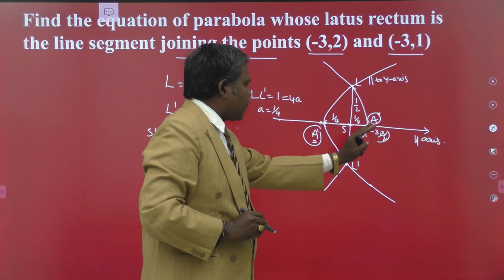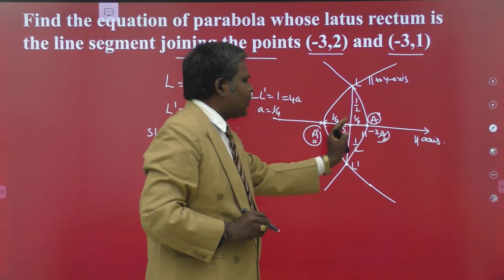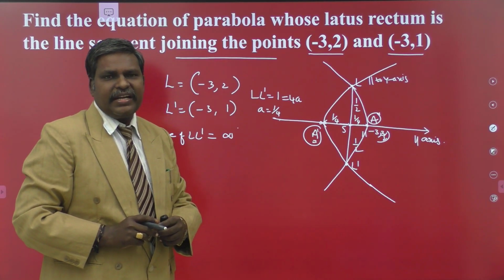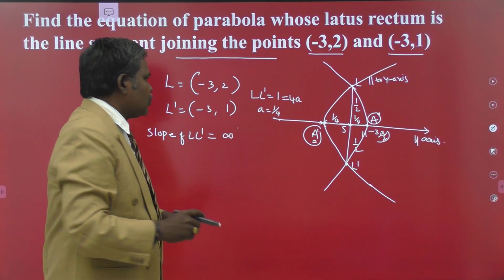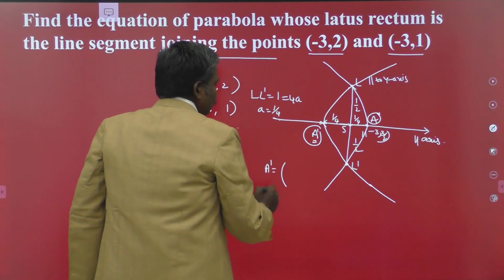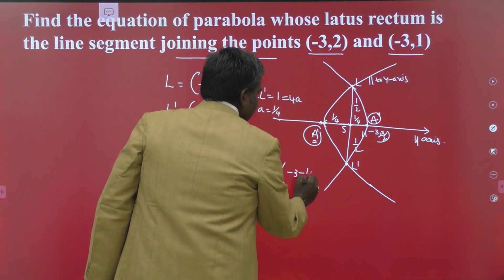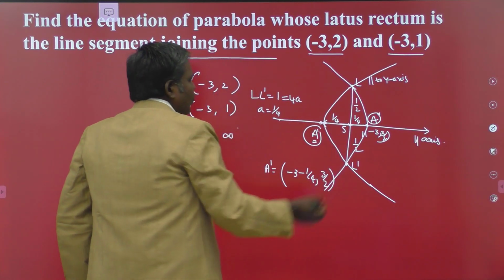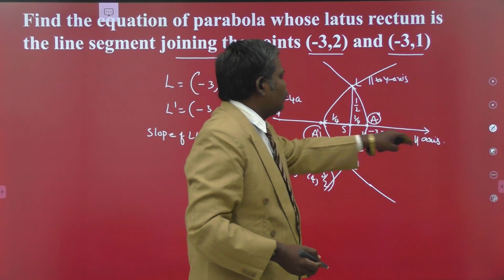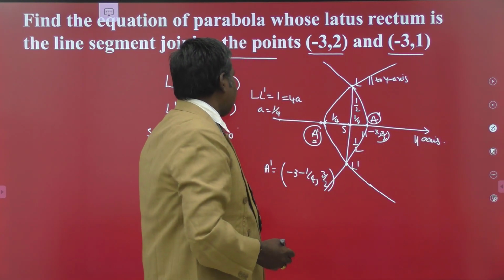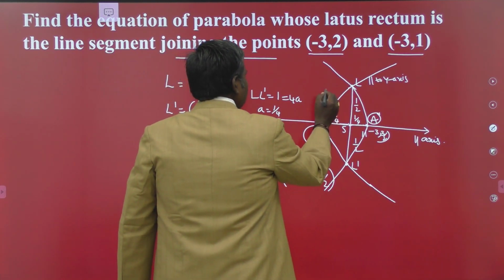So, adding and subtracting 1 by 4 to the x coordinate of your focus, immediately we obtain the coordinates of A dash and A respectively. Understand? So, A dash is equal to (minus 3 minus 1 by 4, 3 by 2). There is no change in the y coordinate when we are moving parallel to the x-axis. Understand? So, this is the vertex of your parabola 1.